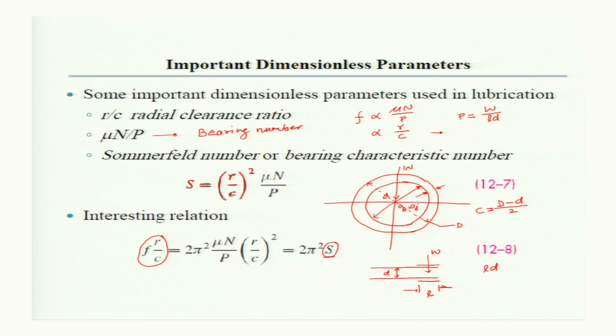So, knowing the Sommerfeld number, you can find this parameter, and knowing the radius of the journal and the clearance between the journal and the bearing, you can get the coefficient of friction, or the friction acting between the shaft and the bearing, and this friction will be responsible for heating the lubricant and power loss also.